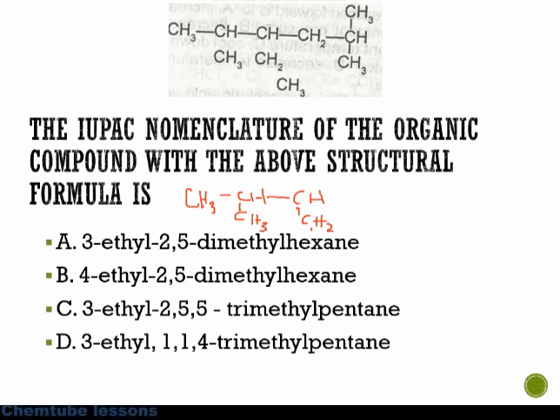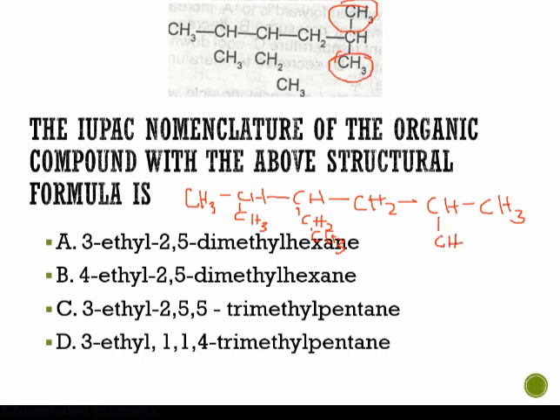Then we have CH, then CH2 and CH3, then CH2, then CH. This substituent that looks like a substituent here, I'm going to make part of the main chain. Why? Because we cannot have 2 substituents on the last carbon. It is wrong. So this will remain as our substituent, CH3.